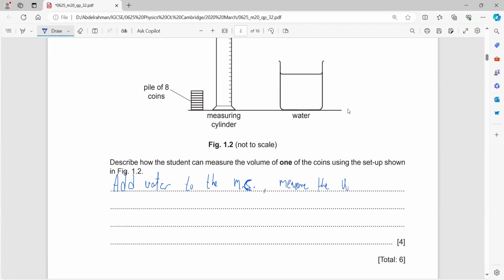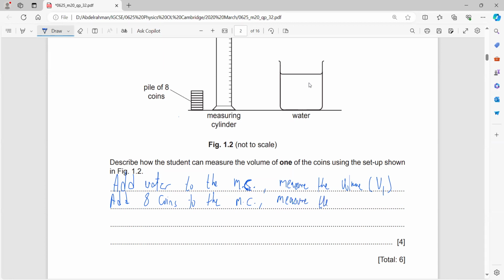Then add 8 coins to the measuring cylinder, and then measure volume 2.